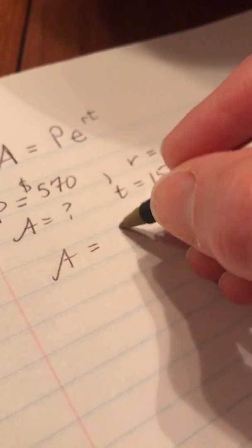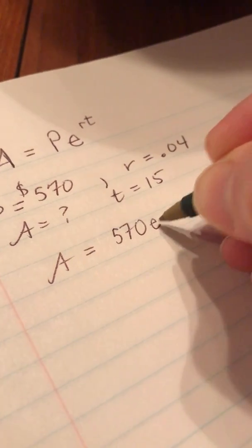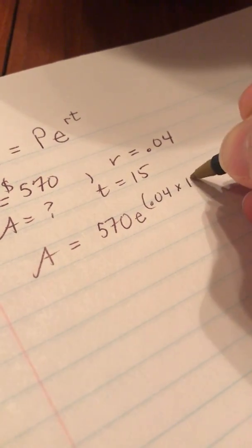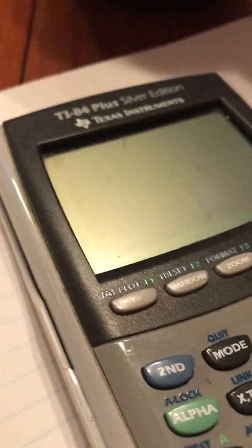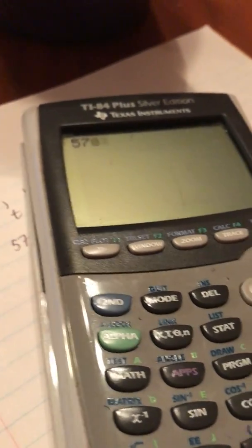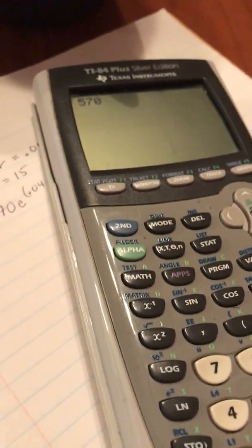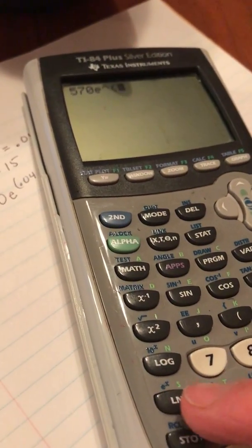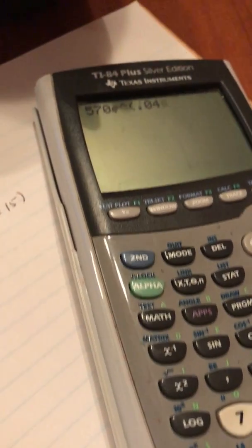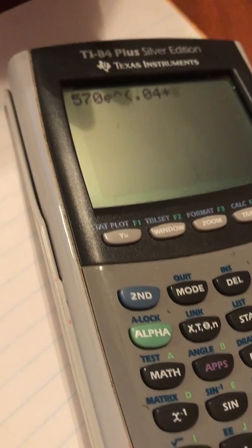So time is 15. So that's A equals P, 570, e to the 0.04 times 15. So we can type that in here and calculate: 570 e to the, so second ln, 0.04 times 15.